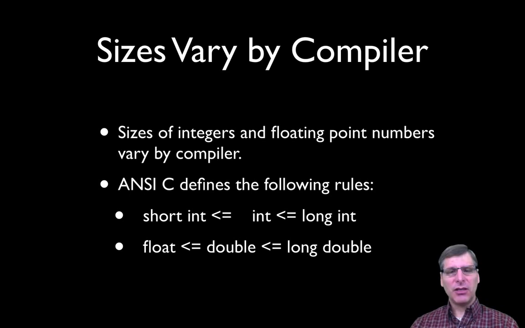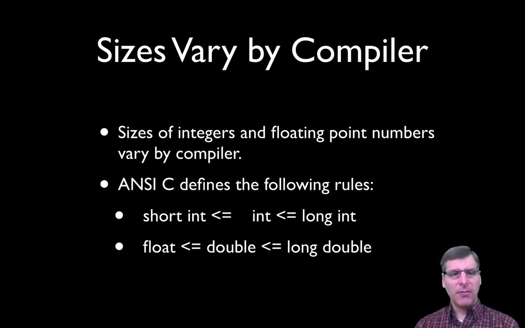Now, I mentioned that those modifiers on the previous page sometimes modify because ANSI C doesn't really specify the size that each of these has to occupy. And so you're actually going to find that the size of these intrinsic types in C will vary by the compiler and the machine. But in general, ANSI C does define some rules that help us understand how much space these should occupy with respect to each other.